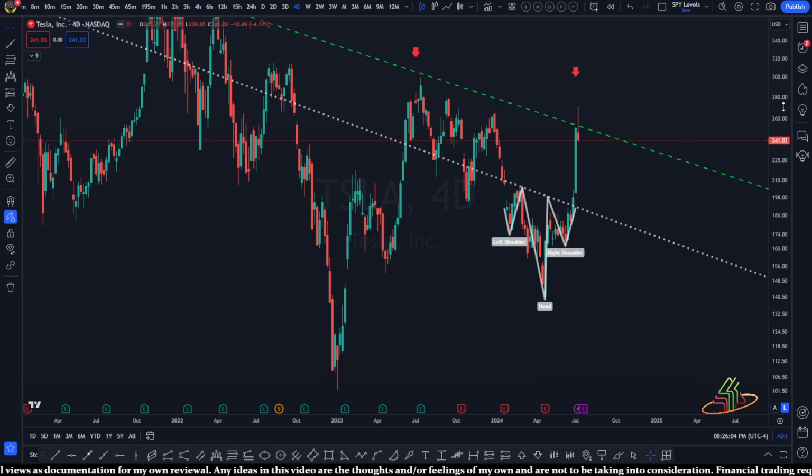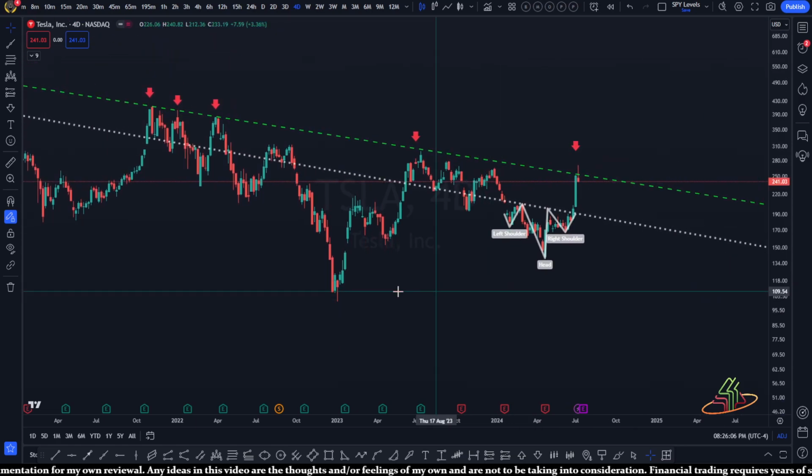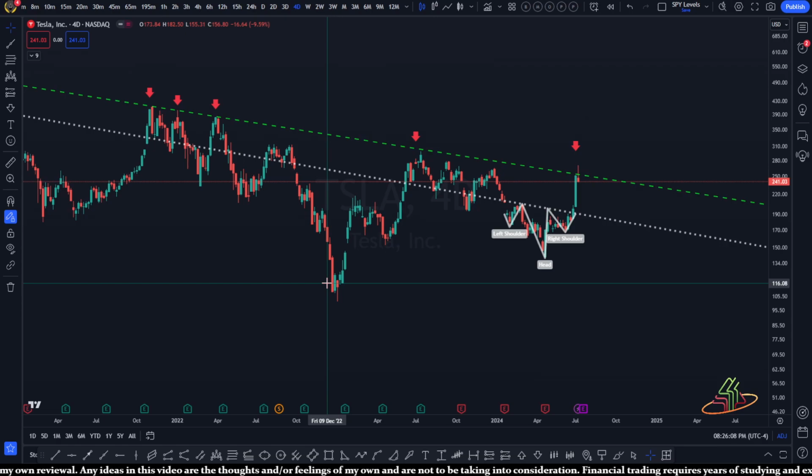So in my mind, when I see patterns repeating themselves over and over again, whether they fail or they are successful, I consider that like the Elliott wave, right?